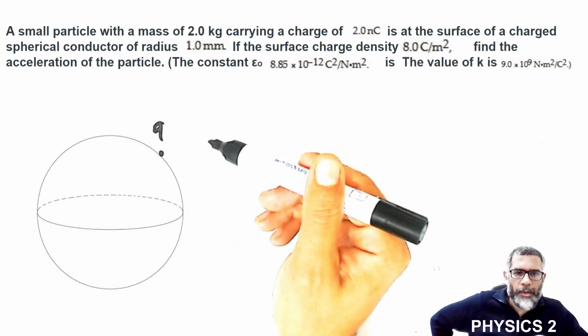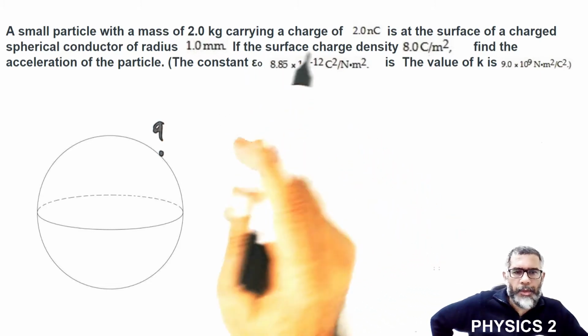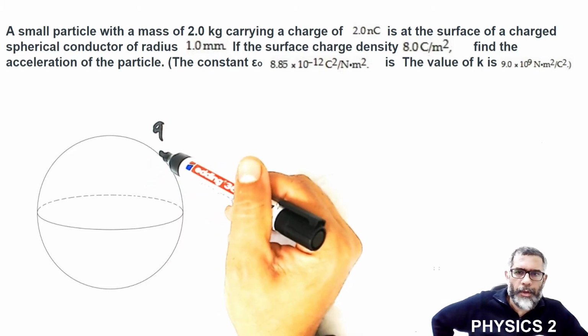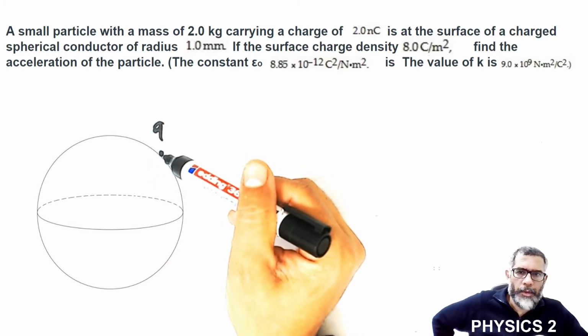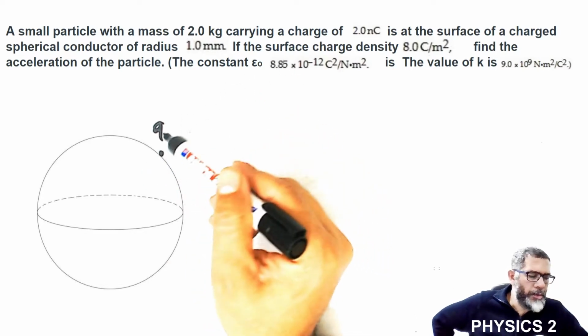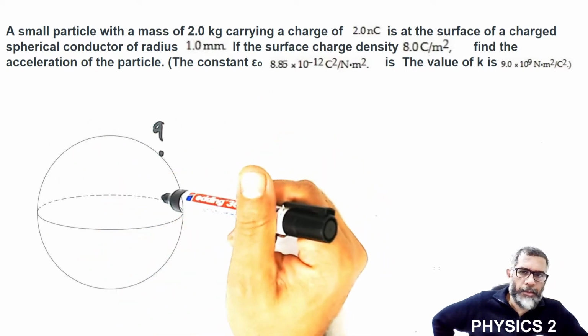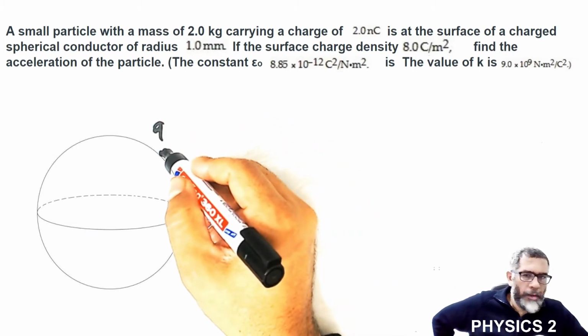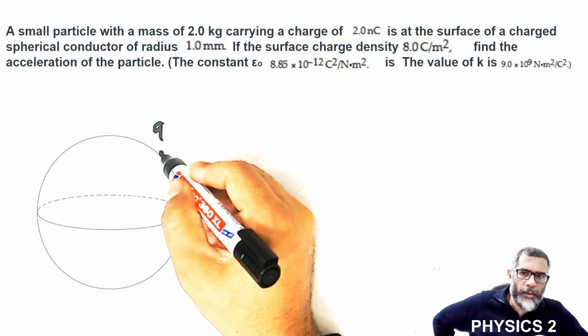And because it's under a force, imagine that there is no gravity, what is going to be the initial acceleration right on the surface, because it is going to be repelled at a strong force by the surface because it's charged. So we know how to calculate the electric field right on the surface, right?